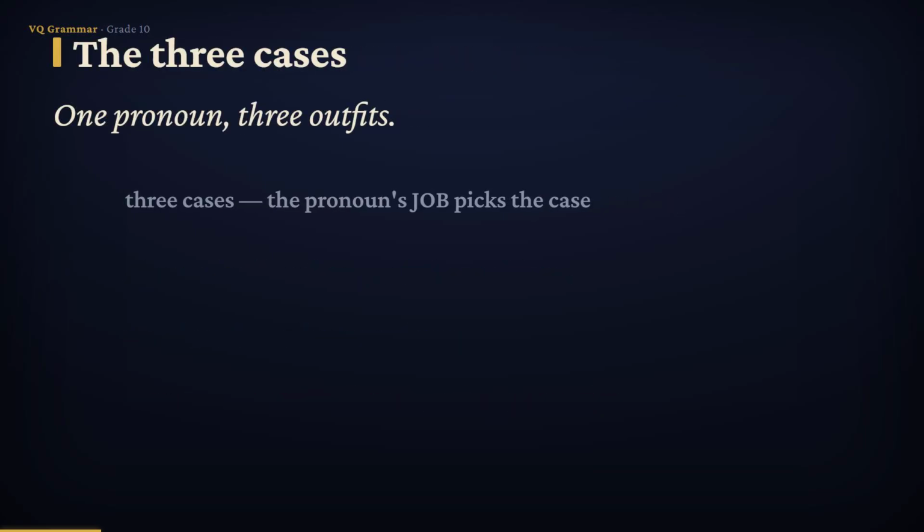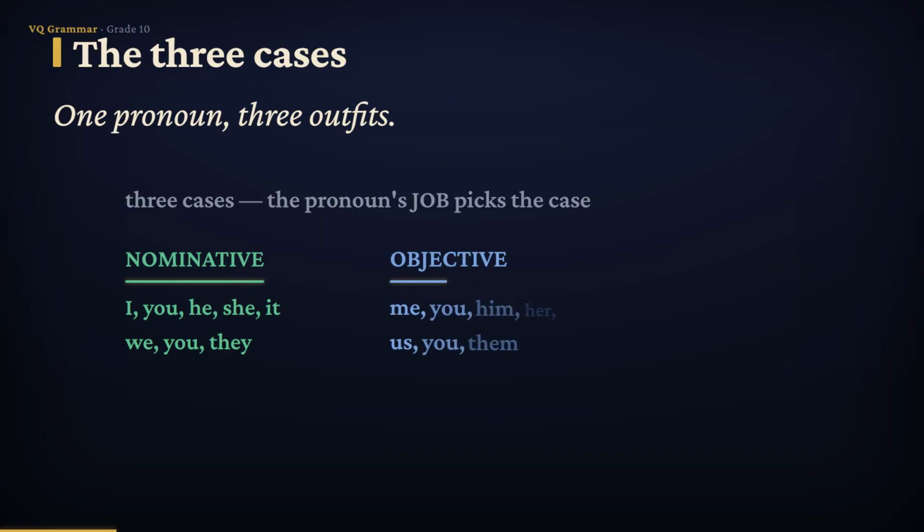Here are all three cases on one board. The nominative case gives you I, you, he, she, it, we, and they. The objective case gives you me, you, him, her, it, us, and them.